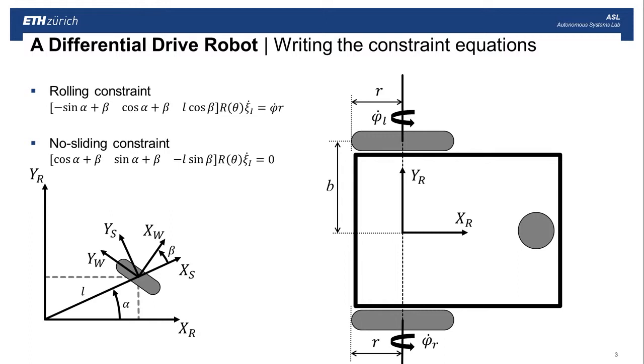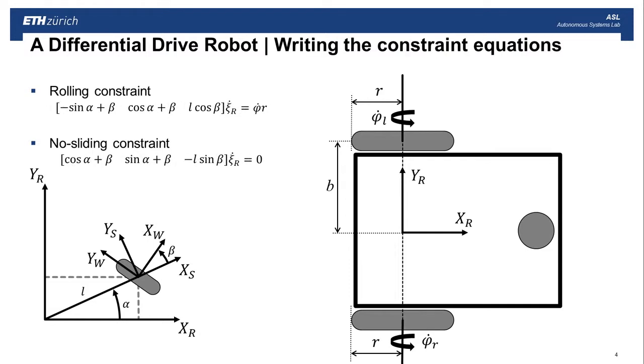Now, recall from a previous segment that we derived these two constraints for a standard wheel. So we have the rolling constraint and the no sliding constraint. Just to review the notation again, beta is the steering angle, alpha is the angle of the steering coordinate frame, L is the distance from the robot coordinate frame to the center of the wheel.